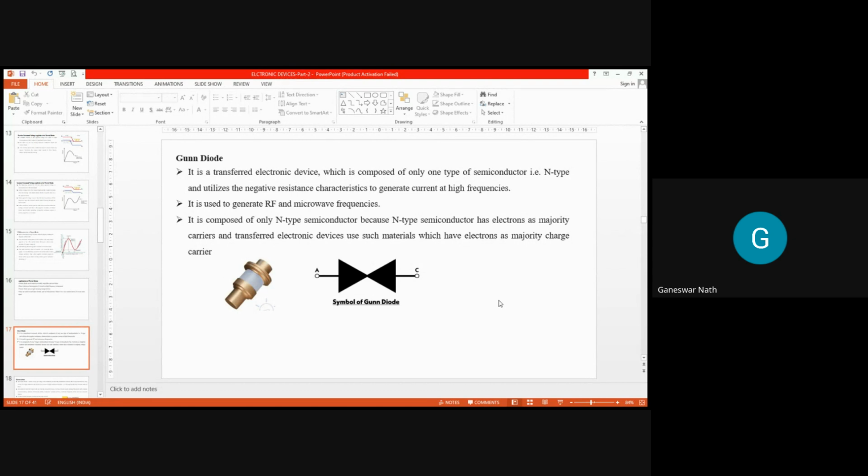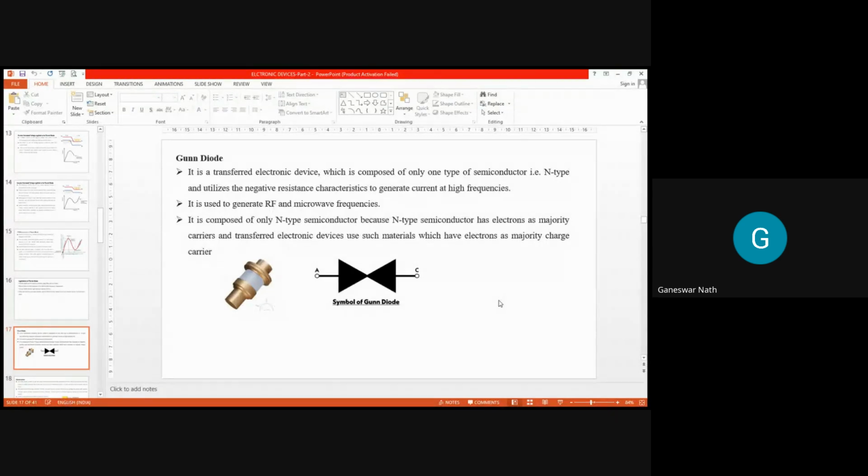Here you can find it is composed of only one type of semiconductor, that is N type, and utilizes the negative resistance characteristic to generate current at high frequencies.